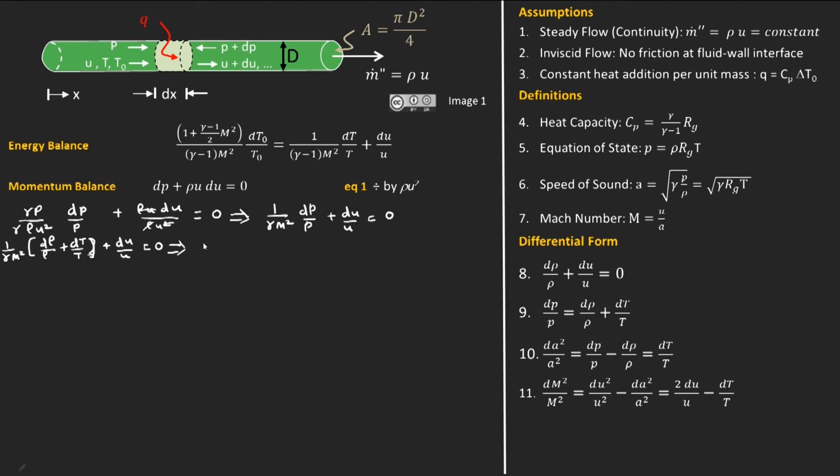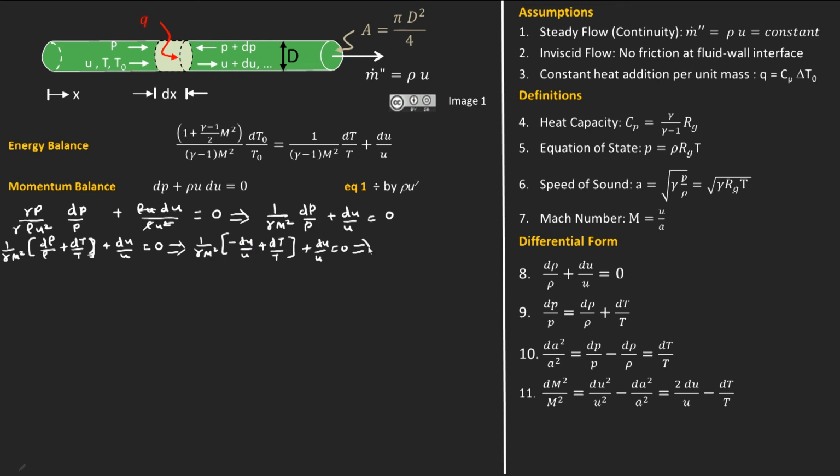And we get 1 over gamma M square multiplied by minus du over u using equation 8, plus dt over t, plus du over u, equals 0. Now I have an equation in which I just have du over u and dt over t and Mach number.